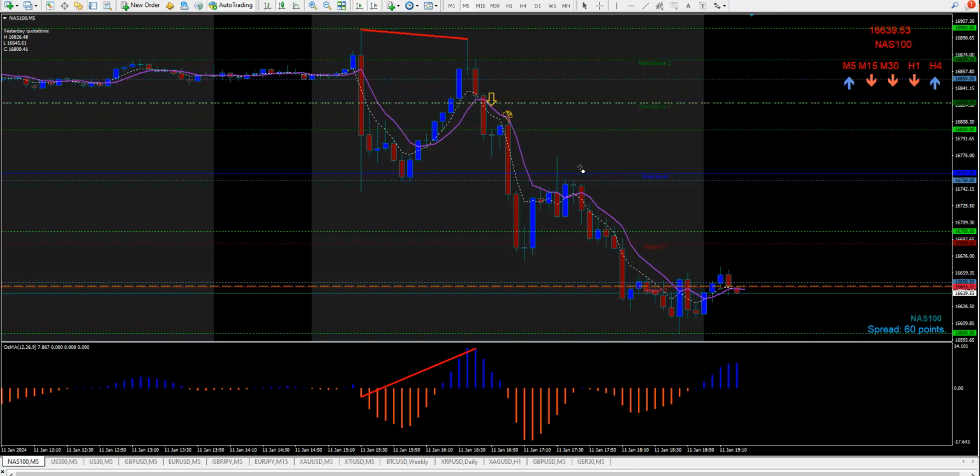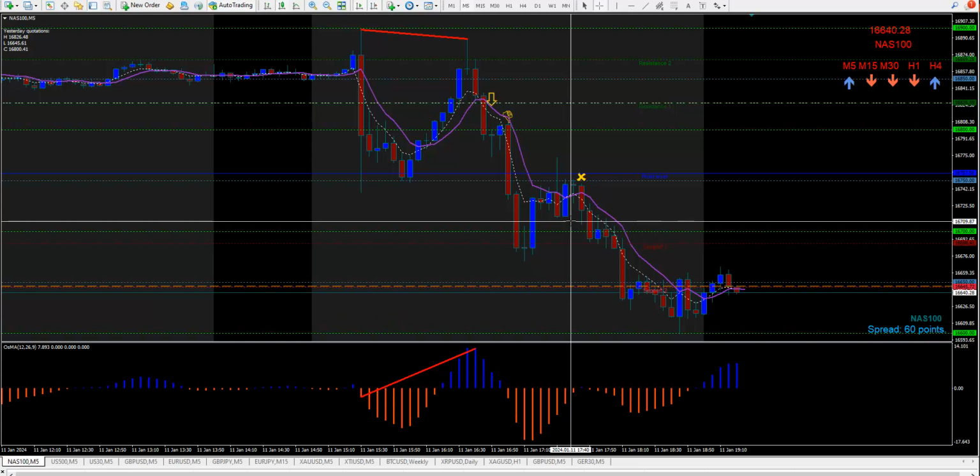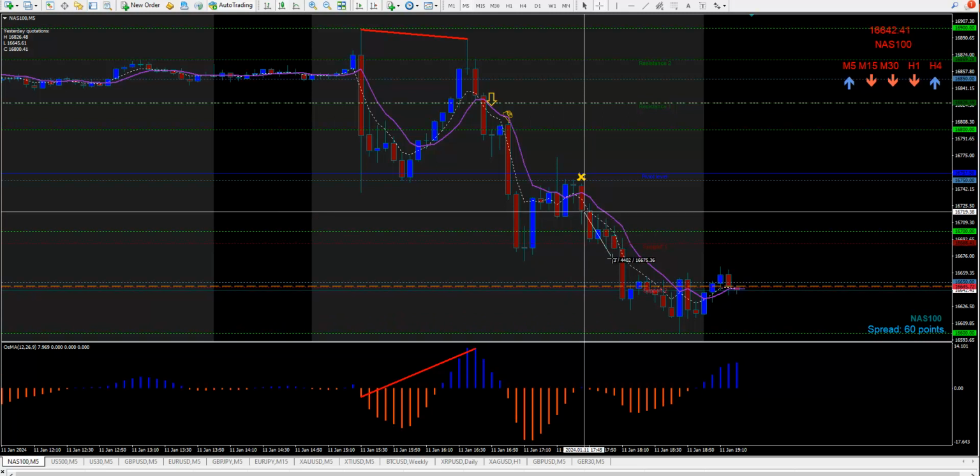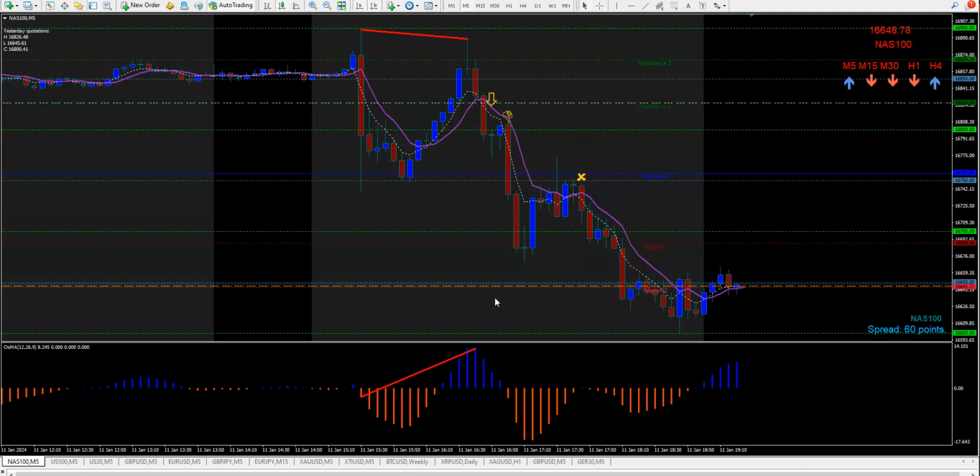Right there, you would have sold it right here on the next candle on the opening. And as you can see, it went down 97 points. So that was good. And then it put in its low, retracement, lower low, right?